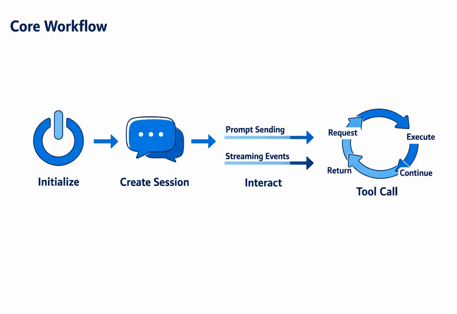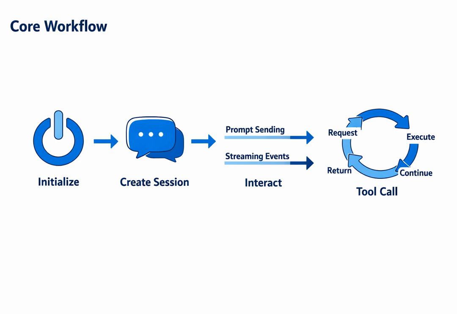Now let me walk you through the core workflow, which consists of 4 steps. Step 1 is initialization. You need to instantiate Copilot Client, which automatically starts the background CLI process. Step 2 is establishing a session by calling the create session method to create a new conversation context. Step 3 is the interaction process.